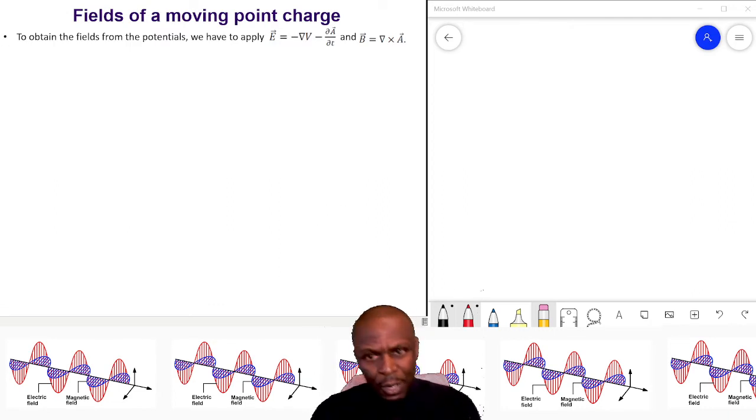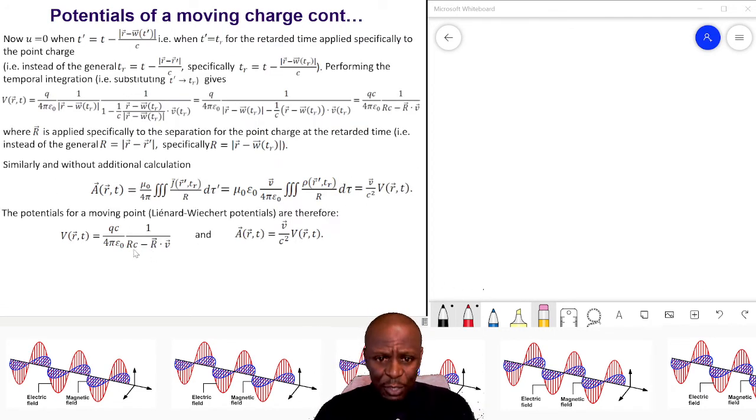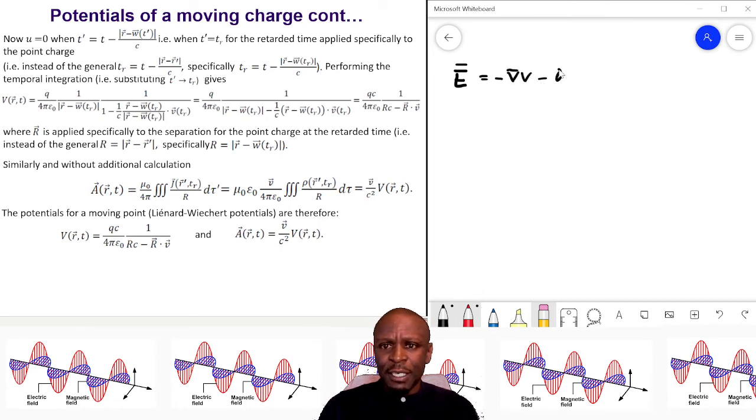Since we have the potential of a moving point charge, the scalar and the vector potential, whenever we have the potential we can get the electric field, because the electric field is given by the negative gradient of the potential minus dA/dt.